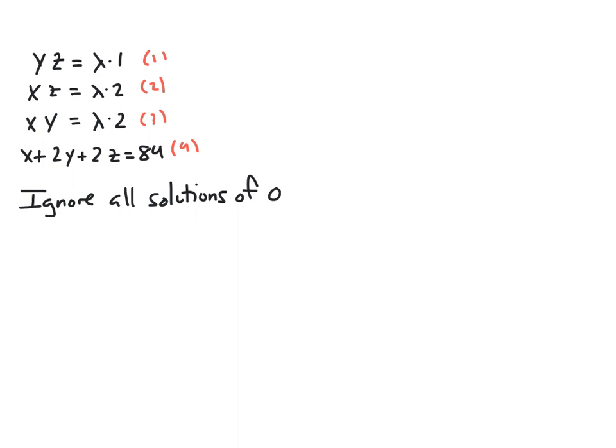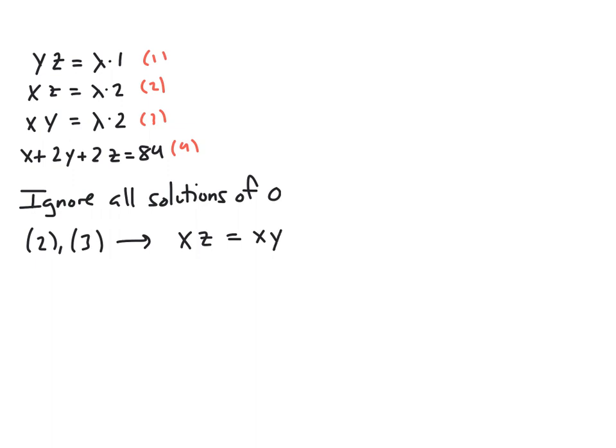Right? And so there's a variety of ways we can go about solving this, but one of the things that strikes me about this system is that equations 2 and 3 have the same right-hand side. They're both equal to 2 lambda. And so if that's the case, then the left-hand sides of those equations must be equal, and so we have xz equals xy.